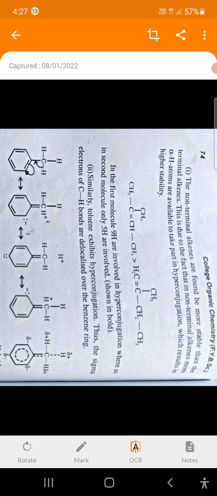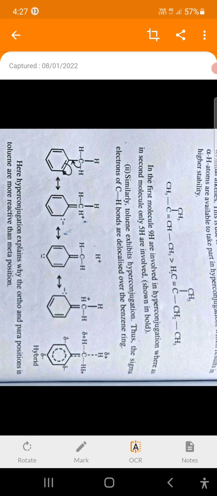Because of hyperconjugation, alkyl groups, we know, show electron donating tendency, electron releasing tendency. Why do alkyl groups show this tendency? Because of the hyperconjugation effect.